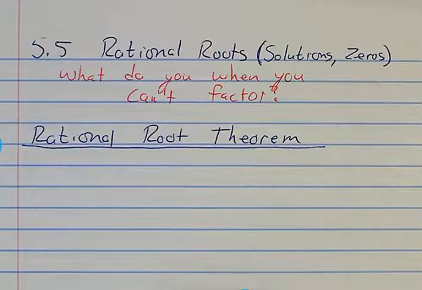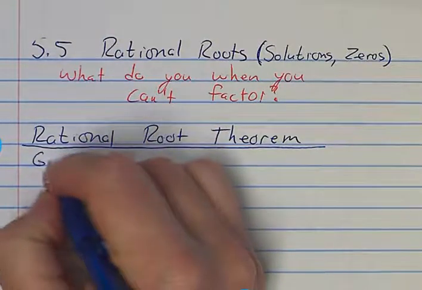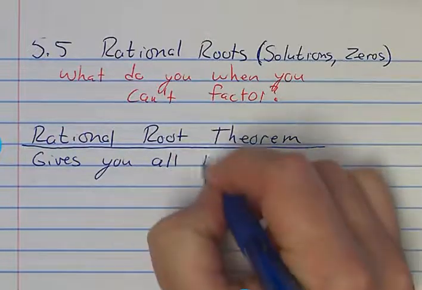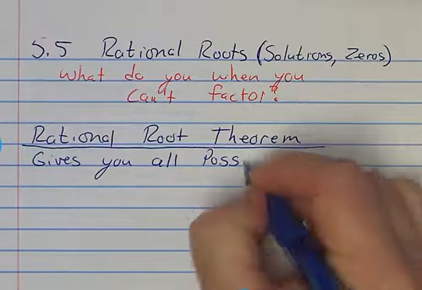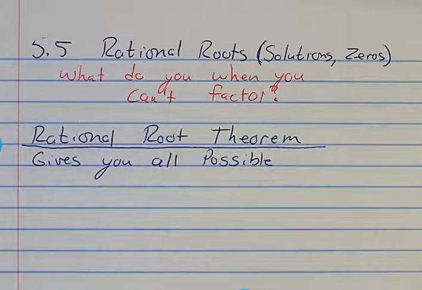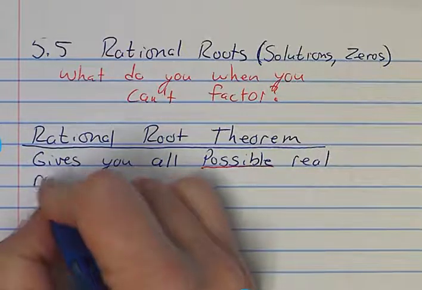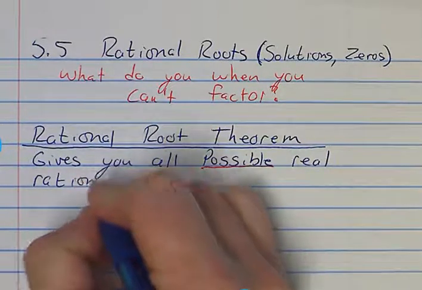And with the rational root theorem, here's what it does. It gives you all the possible rational roots. So it's more answers than what you need, but it's all the possible ones.